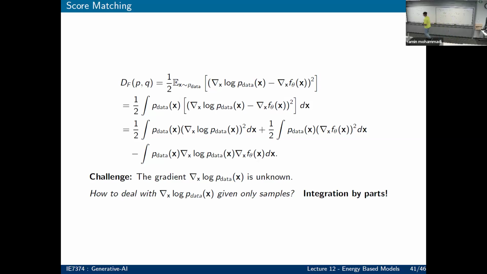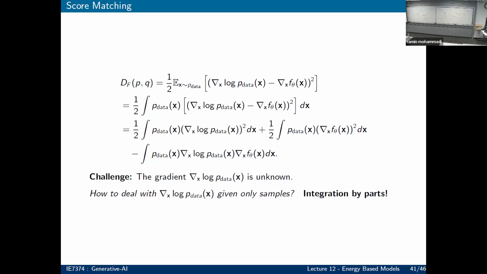So this term is unknown and it makes it difficult. So let's see if we can get rid of that. Let's ignore the first term and the second term, and focus on the third term first, which is P data times gradient of log P data times gradient of whatever function you have modeled, df(x).